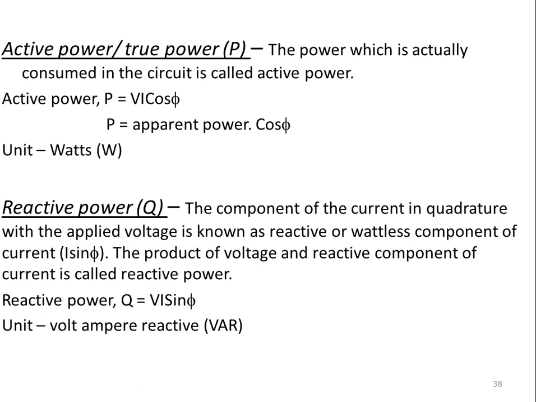Or we can write Q is equal to S into sin phi, where S is the apparent power. So basically reactive power is the vertical component of apparent power. Its unit is volt ampere reactive.